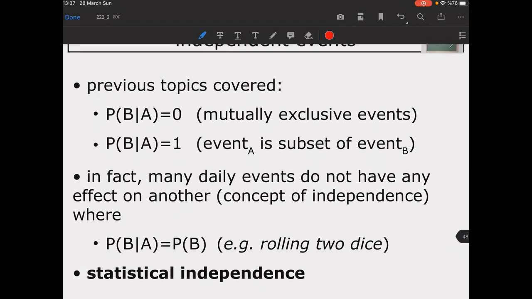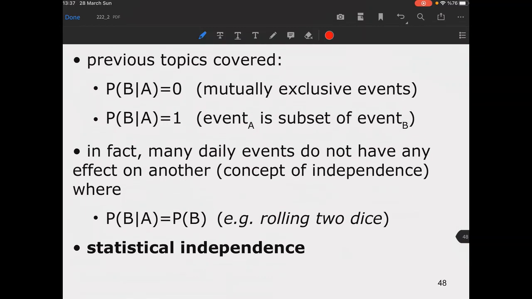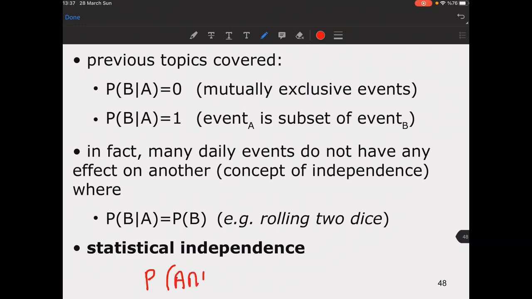This is called the concept of statistical independence. So if this one holds, A and B are statistically independent from each other.